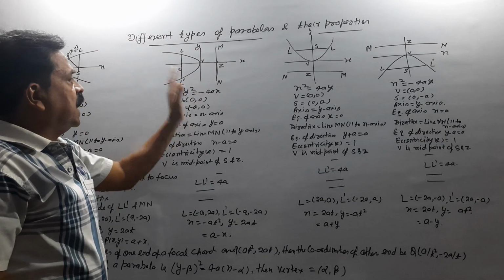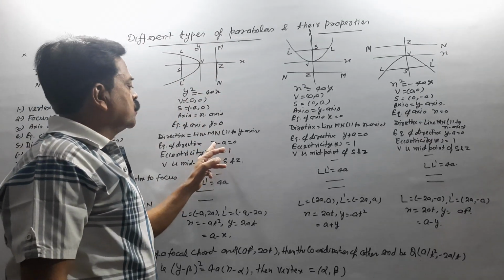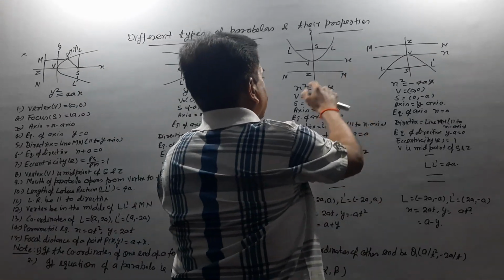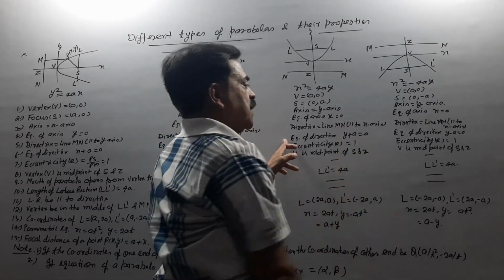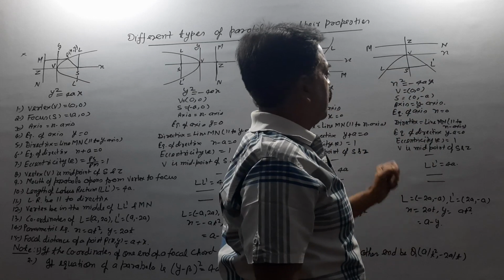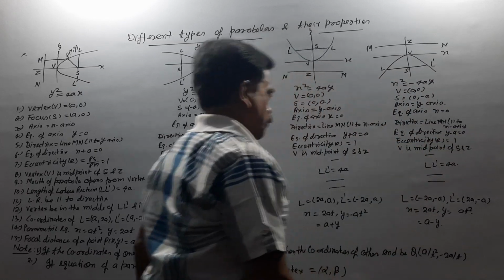In this case, the directrix lies to the right of the vertex, so x minus a equals 0. When the equation of the parabola is x square equals 4ay, the directrix is y plus a equals 0, and if the parabola is x square equals minus 4ay, then the equation of the directrix will be y minus a equals 0.